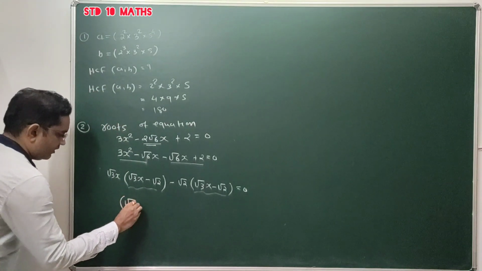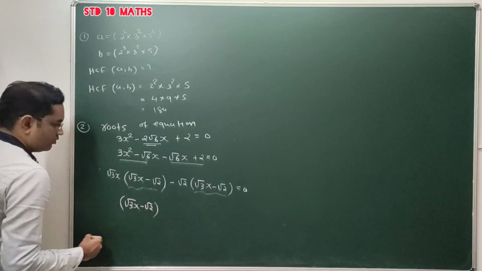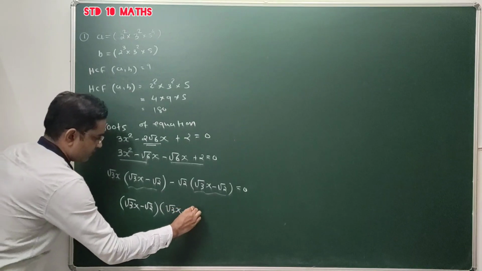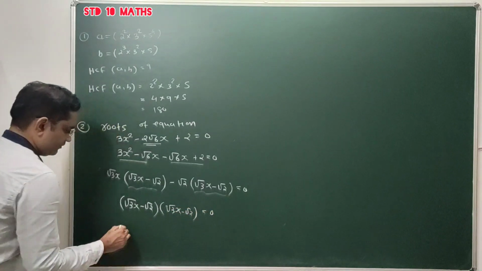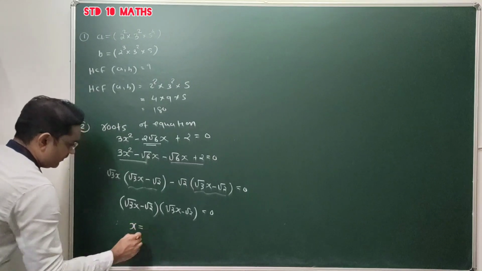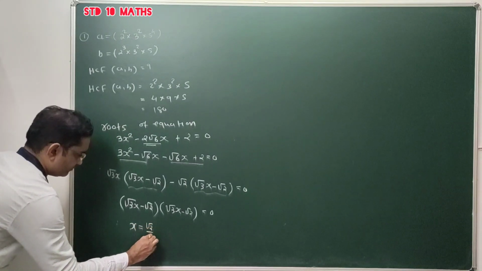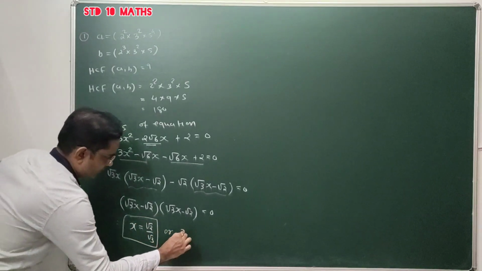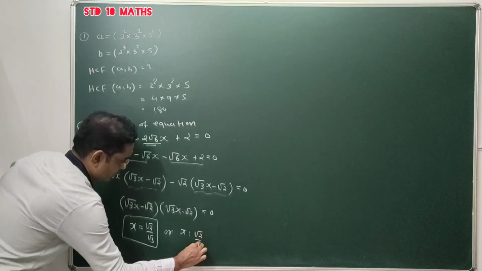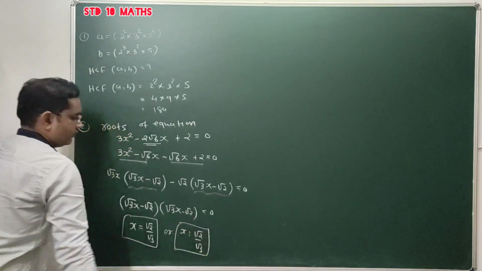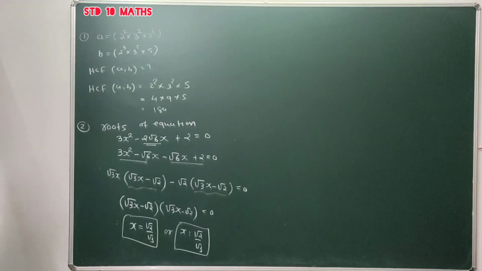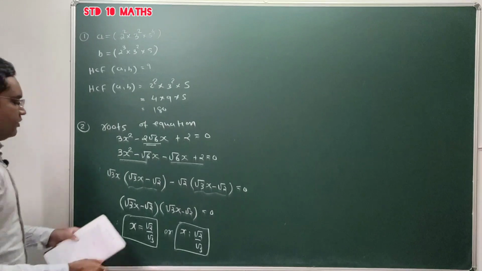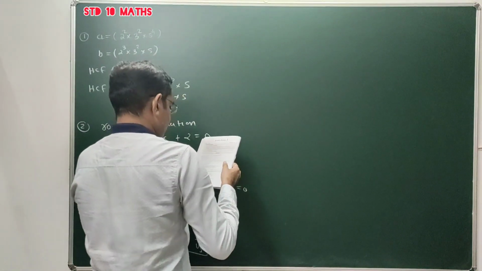This one is root 3x minus root 2 equal to 0, and therefore we are getting the value of x. x is root 2 by root 3. So only one root is there, root 2 by root 3 is the value of x, which is the root of this equation. Clear students? So this is how you can solve your question number 2.